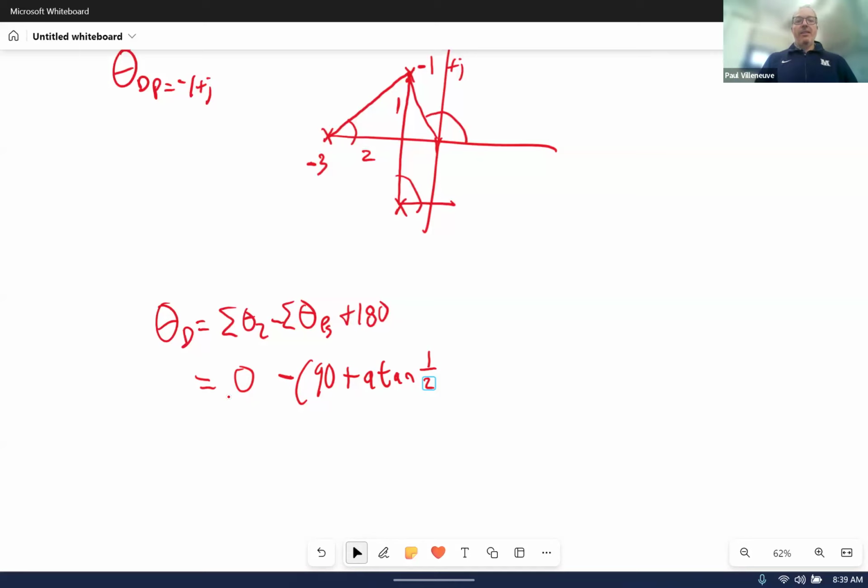All right, so I only have one left to calculate. How do I calculate that angle? We're going to use our arctan again because we know what they are. So arctan of the opposite over the adjacent.